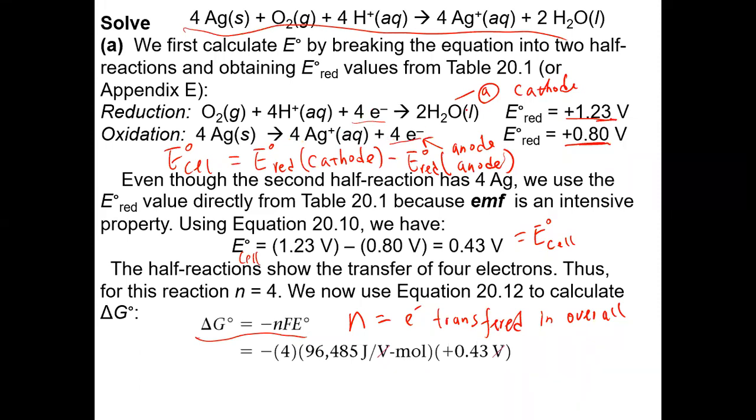Usually if you see the electron number in the two half reactions are the same, you just take the same number. If one reaction gives you, let's say, 5 electrons and the other gives you 2 electrons, then when you balance the equation, you take 5 times 2 and 2 times 5, so you get 10.